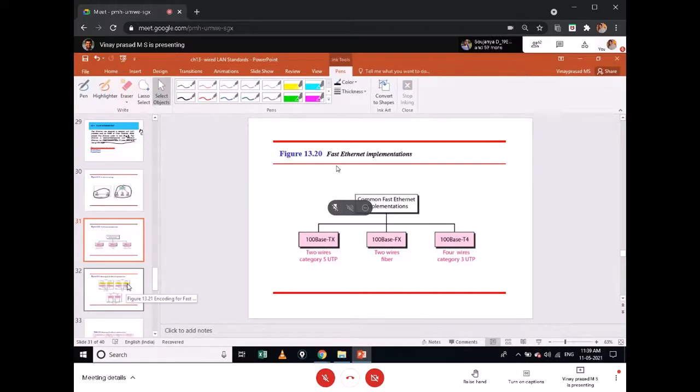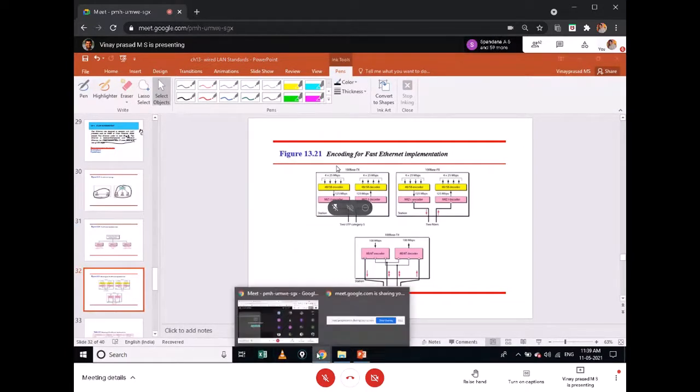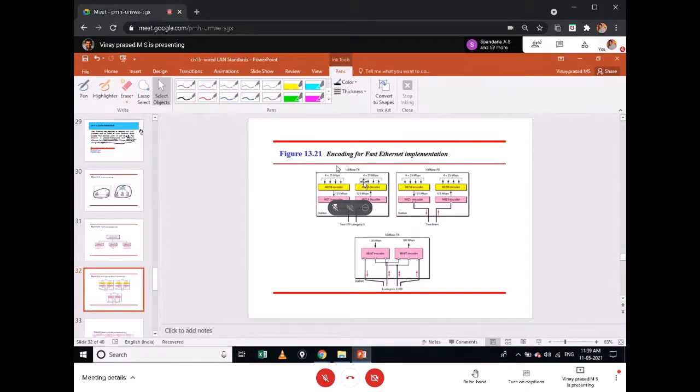Okay, when it comes to the physical layer, for each of these implementations we will have different encoding and decoding methods. Manchester encoding, in order to get 100 Mbps speed, needs 200 megahertz bandwidth for a data rate of 100 Mbps, which makes it unsuitable for the media we last looked at, the twisted pair cable.